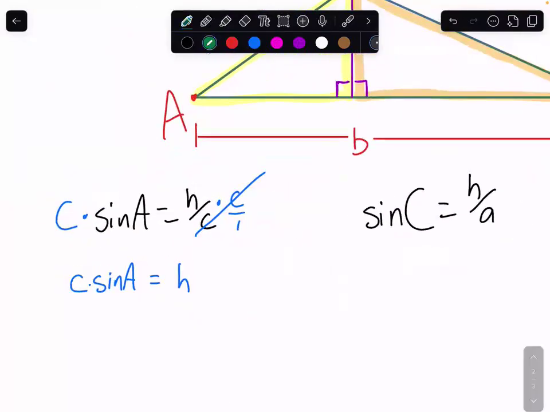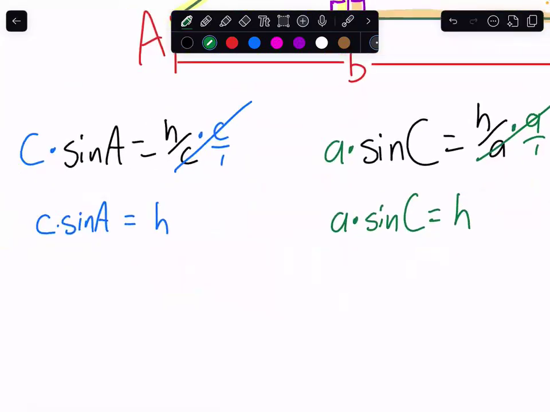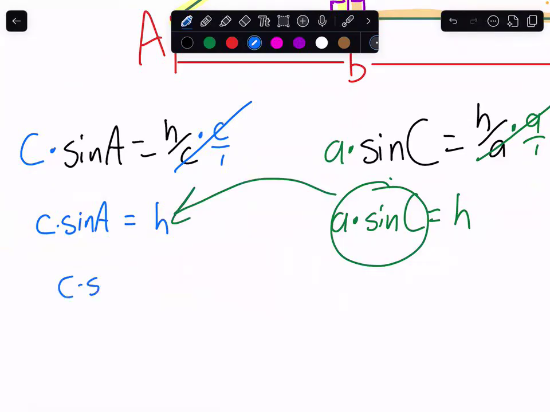And then over here, we multiply both sides by lowercase a, so lowercase a times sine of capital C equals h. Well, if both of these things equal h, then they must equal each other, right? So we can now substitute this into here. So we have c times the sine of capital A equals lowercase a times the sine of capital C.